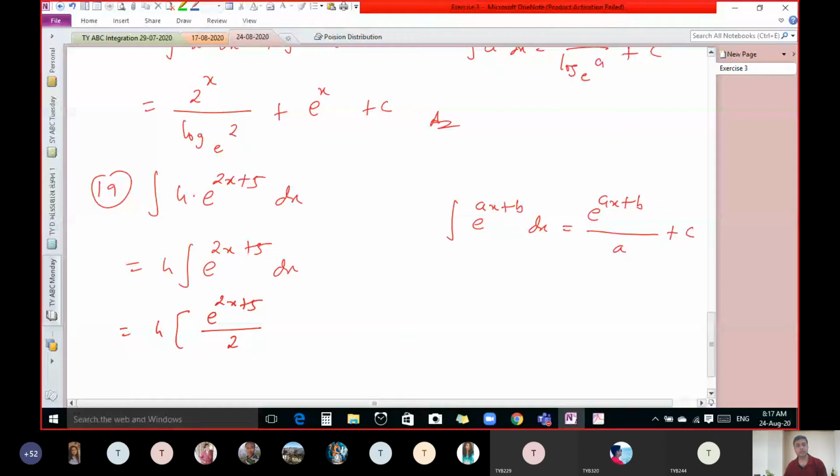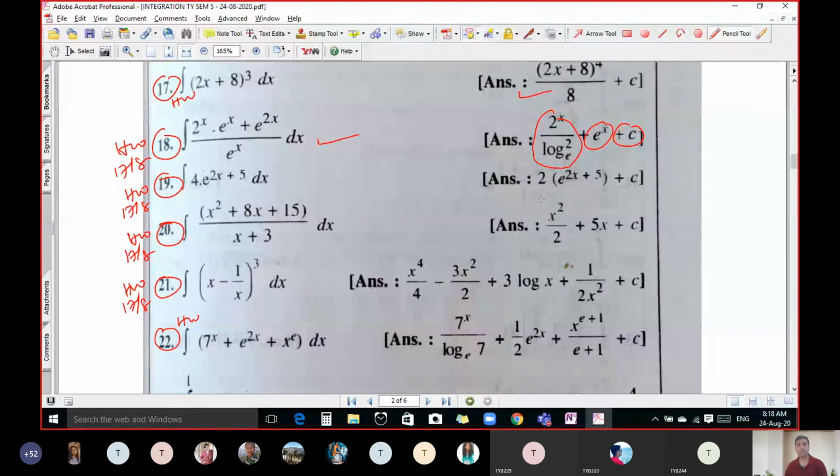Coefficient of x is 2, plus c. And if we cancel this 2 and 4, here we get 2. So the final answer is 2 into e raised to (2x plus 5) plus c. This is our final answer for question number 19. Check it.